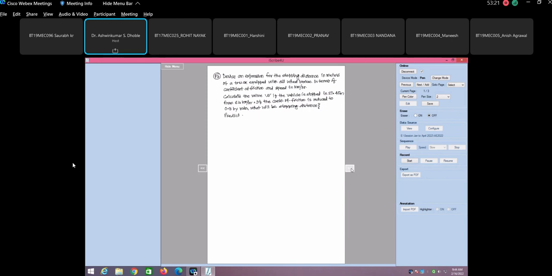पर ये पार्ट नंबर 1 है, ये पार्ट नंबर 2 है, ये पार्ट नंबर 3 है प्रॉब्लम का.